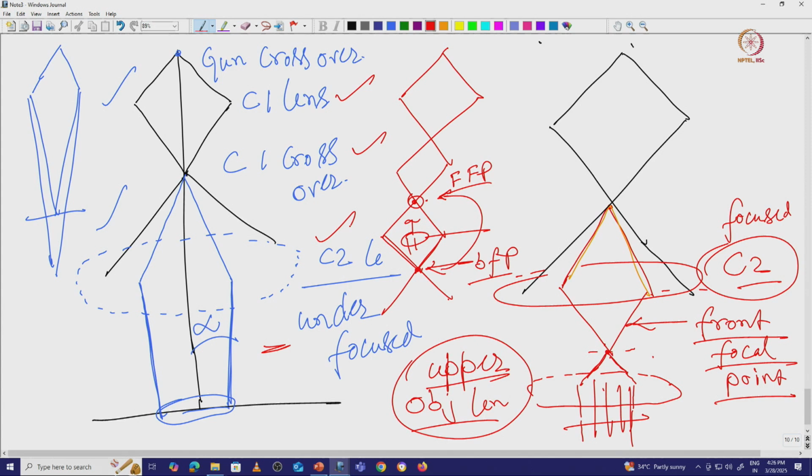the upper objective lens to make the beam parallel, as well as we are using an aperture to control how much of the electron beam is going to pass through the aperture and go through the sample.